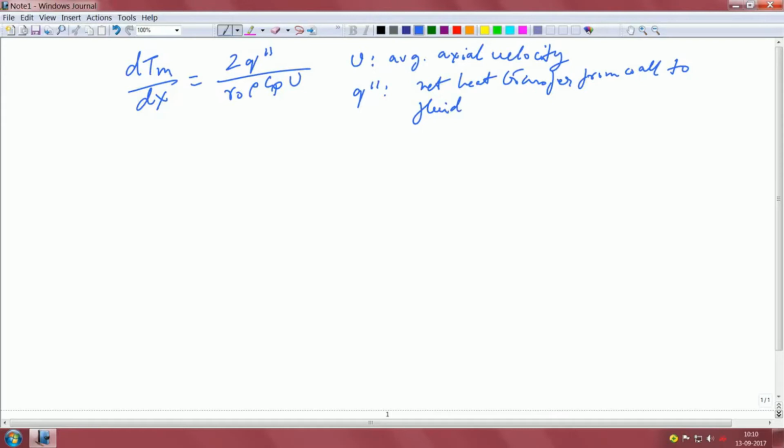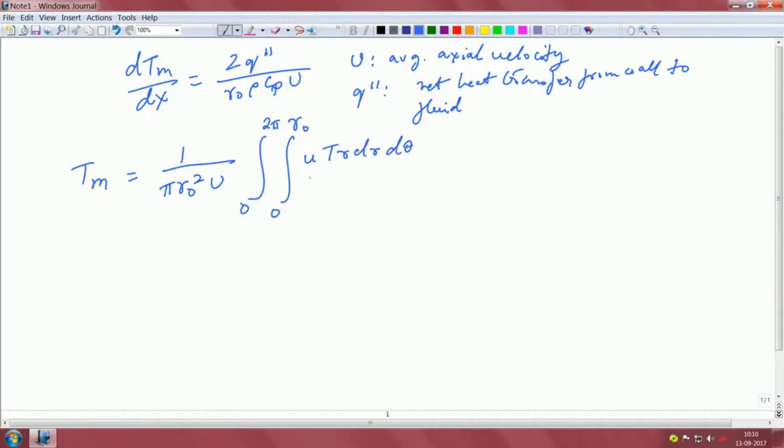We also found that while developing this concept, Tm, which is the mean temperature, is actually given by this. We did this last class. So, I am just noting down the key quantities U, T, r, dr, d theta. This U is basically the local velocity, T is basically the temperature field, right.